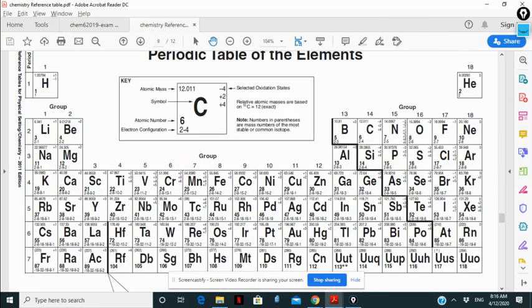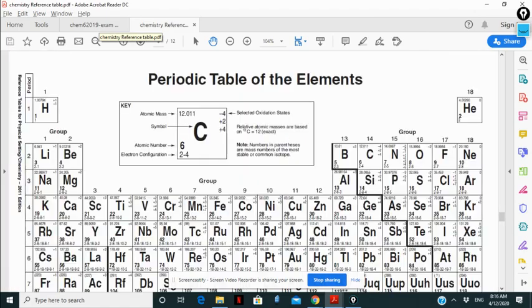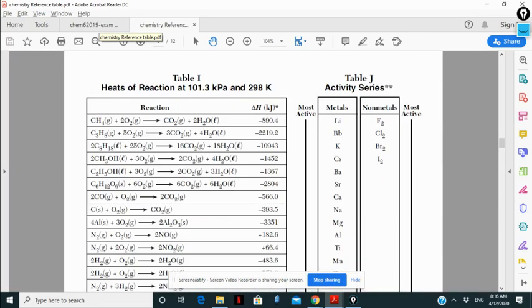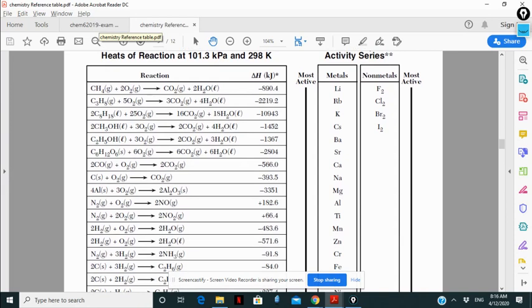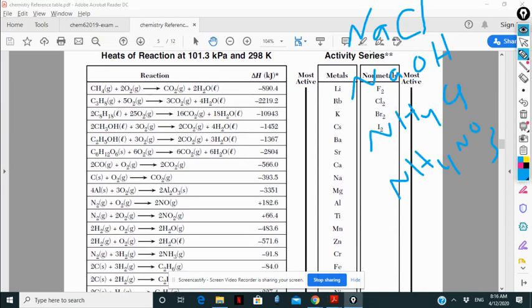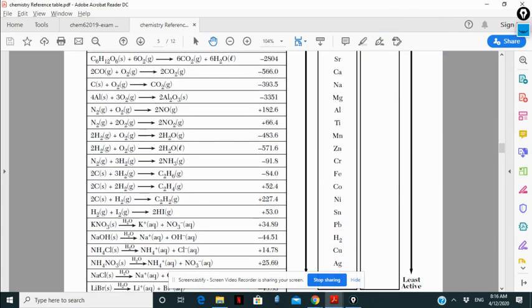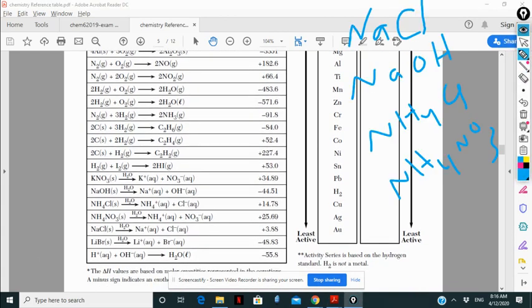Okay, I'm going to Table I. Ammonium chloride is giving me positive, ammonium nitrate positive, sodium chloride positive.